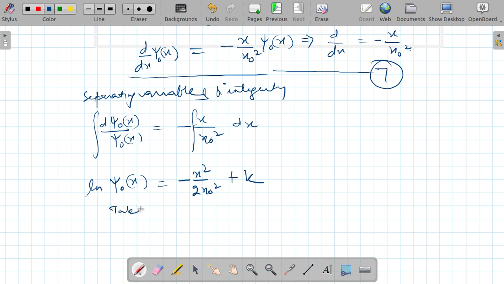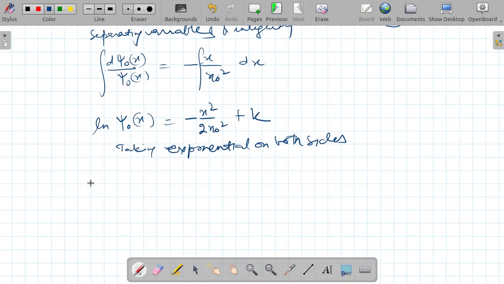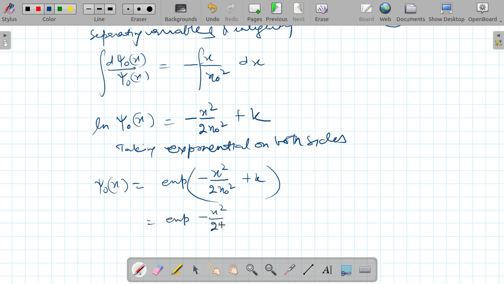Now taking exponential on both sides, psi naught x is equal to exponential of minus x square over 2 x naught square plus k, and here it is exponential of minus x square over 2 x naught square into exponential of k.